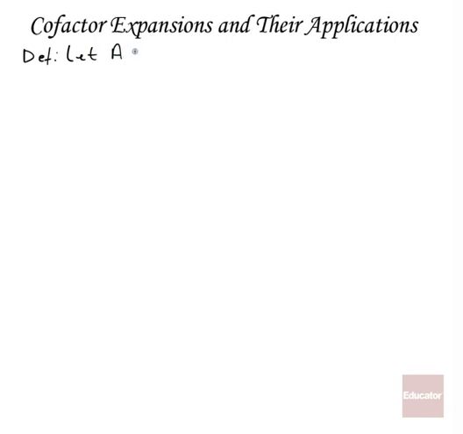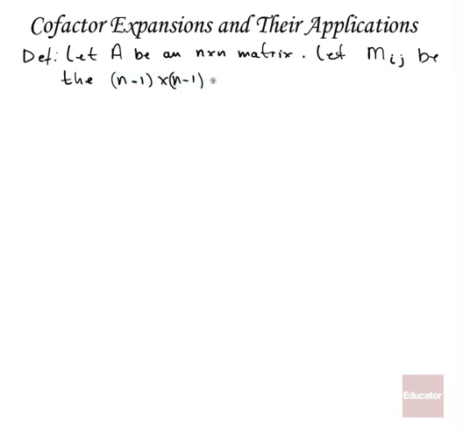As always, we will let A be an n by n matrix. And we will let M, capital M sub ij, be the n minus 1 by n minus 1 submatrix of A obtained by deleting the ith row and jth column. And again, these definitions are more for formal purposes.